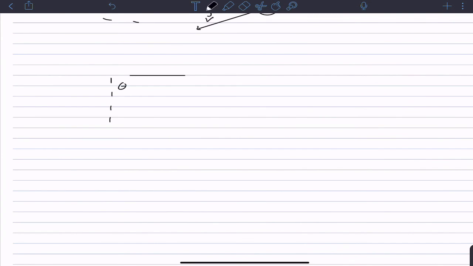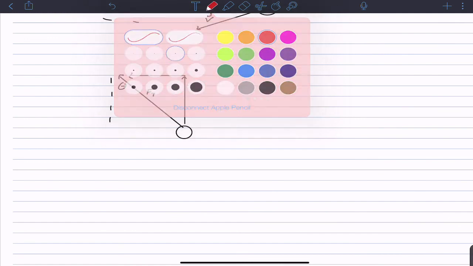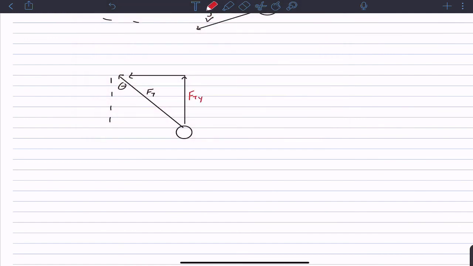What we have is a tension force, right? This is also going to be our centripetal force. It's not one-dimensional. It's actually pulling upwards, right? This is going to be Fty, and it's also pulling back towards the center in the x direction, provided that we define our axes this way.